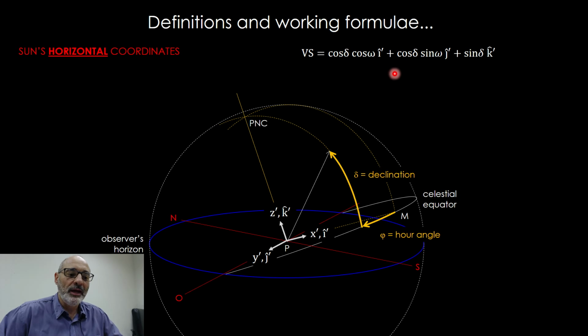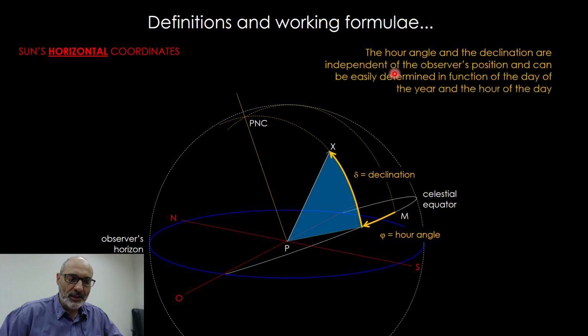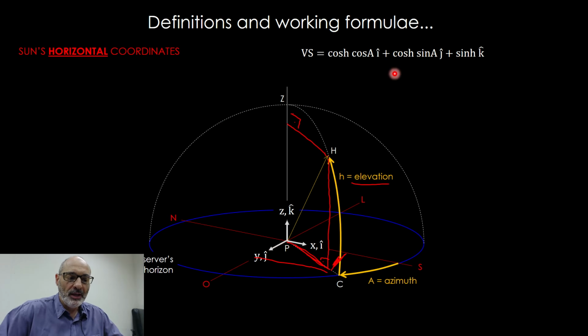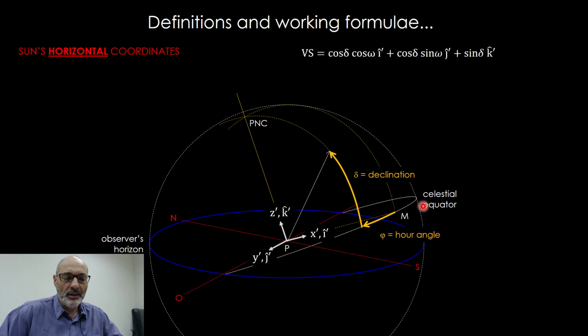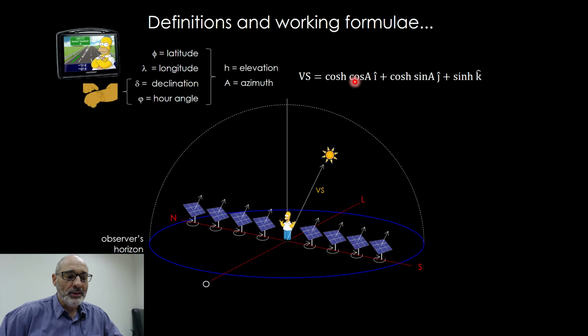I can do the same kind of projection. As I mentioned here, I can use elevation and azimuth to calculate the solar vector, or I can use the hour angle and declination to calculate, and the deduction is exactly the same, okay?